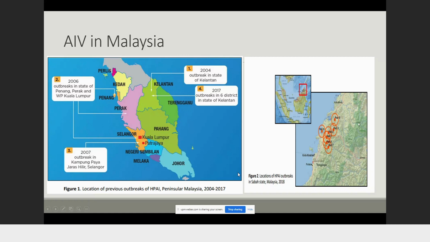Whereas in Tuaran, Sabah, the outbreak actually happened in commercial chickens, and the source of infection was from wild birds. If you look at the area where the farms were located, it is very near the coastal regions, and this is most of the time where the wild birds mingle around.